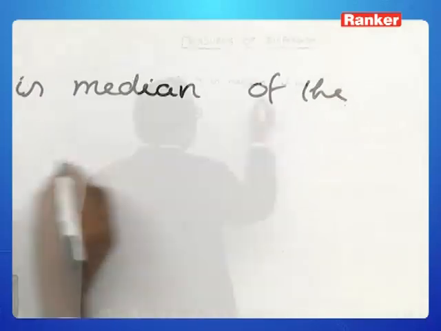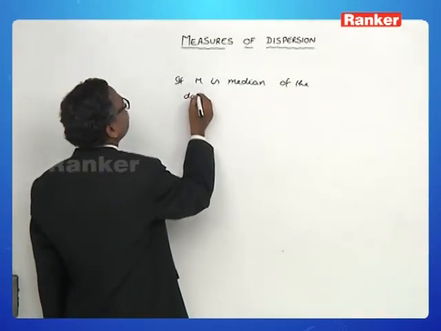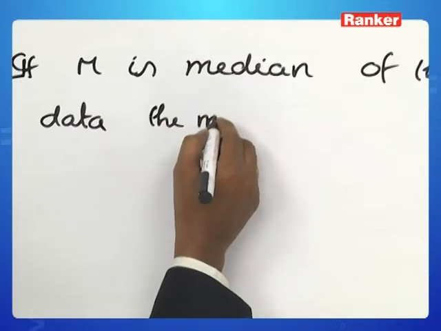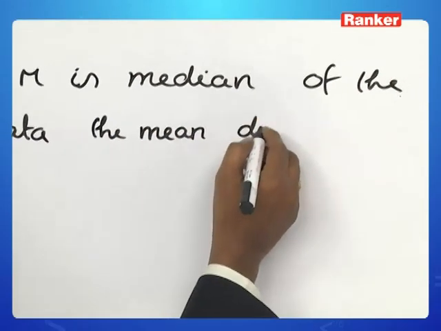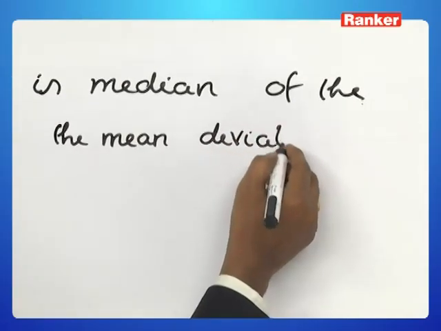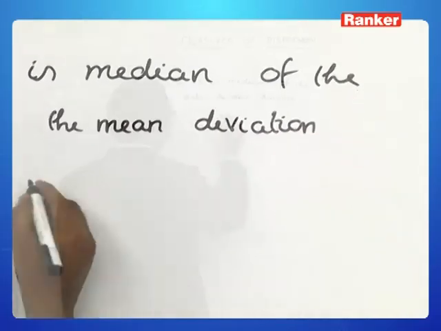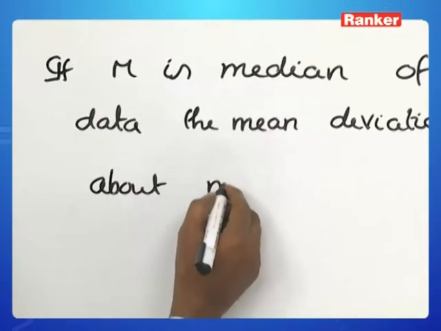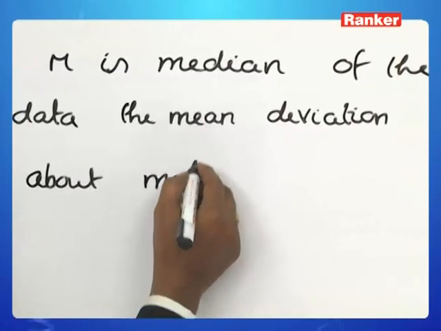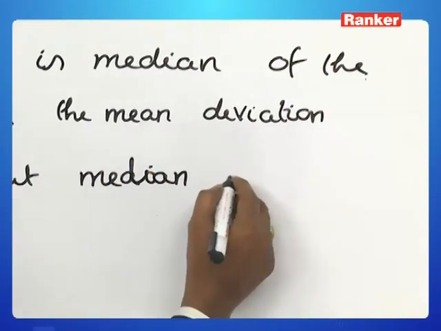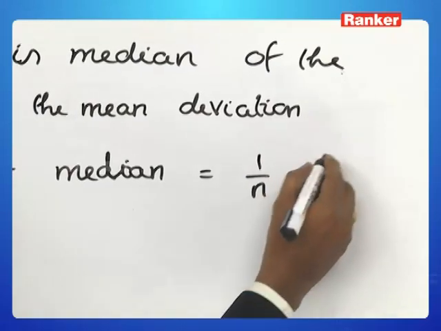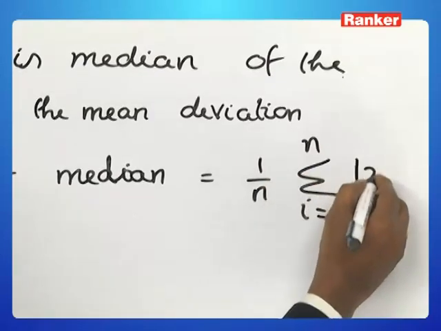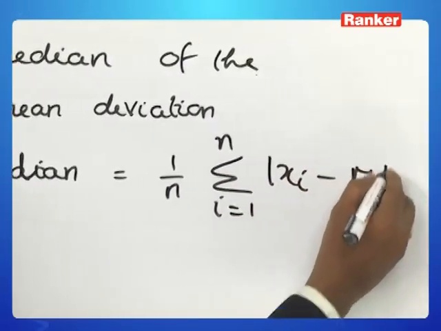If m is the median of the data, then mean deviation about the median is given by 1 by n into sigma i runs from 1 to n modulus of xi minus m.